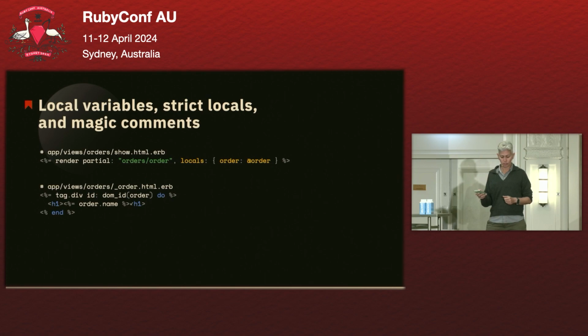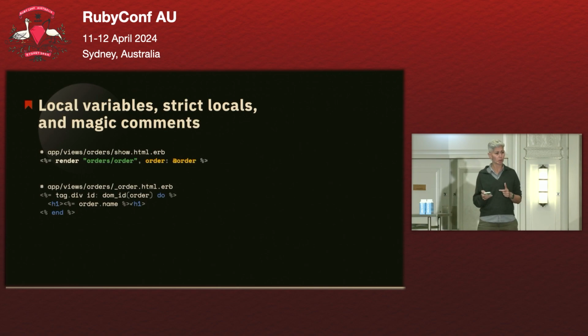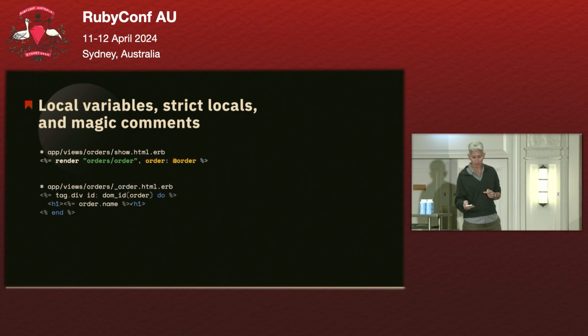You can also use the following syntax, which is exactly the same, but I removed the distinct call to the locals hash. It still works exactly the same way. Now, what are strict locals and magic comments?